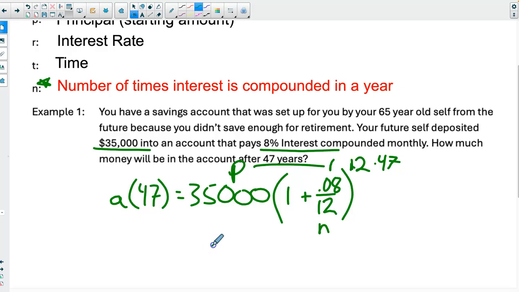What happens if I don't do parentheses? It goes to the 12th power, but then it multiplies it by 47. That's not what we want. So you got to put parentheses on that. You hit enter. It gives me 42.415 and more digits. By not clearing this, I'm not rounding anything. And then the last thing we do is we just go times 35,000.